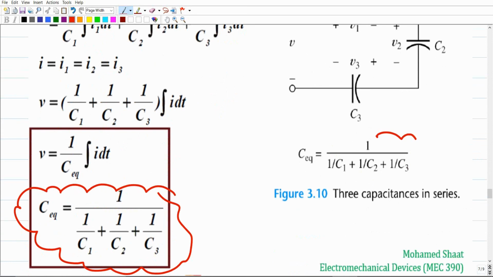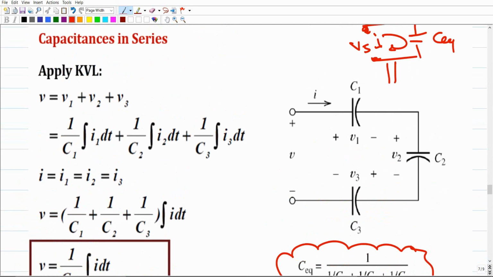This is a very similar expression to the equivalent resistance of parallel resistors. So as you can see, the resistance here is the opposite of the capacitance. It means that series capacitors work like parallel resistors. The same thing, series resistors work like parallel capacitors.